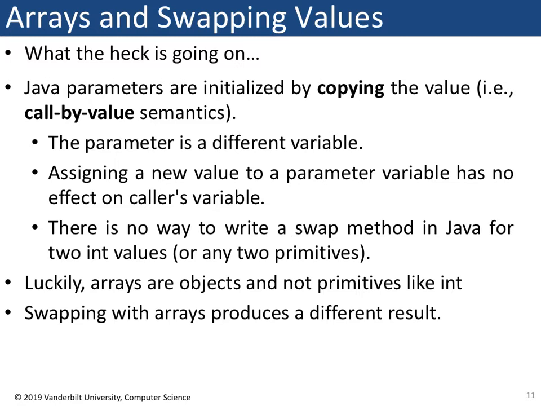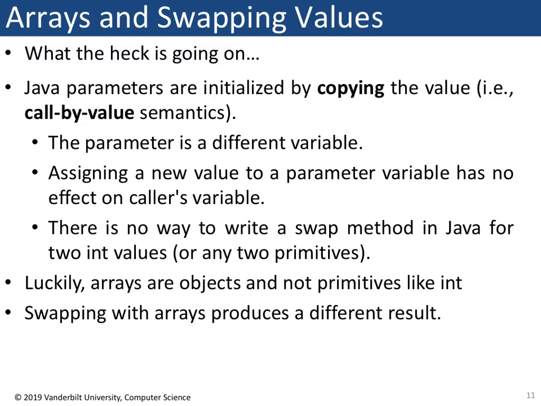So in the previous slide, when we passed A and B to the swap method, we copied the value from A into the parameter A in the method. So when we changed the variable A, or the parameter A inside the method, it had no effect on the variable A inside our main. Those are the rules for primitives.